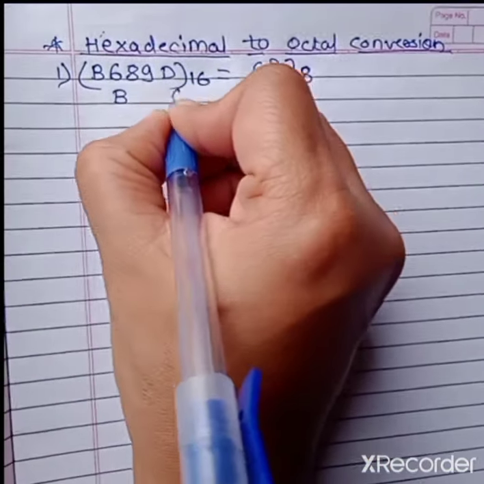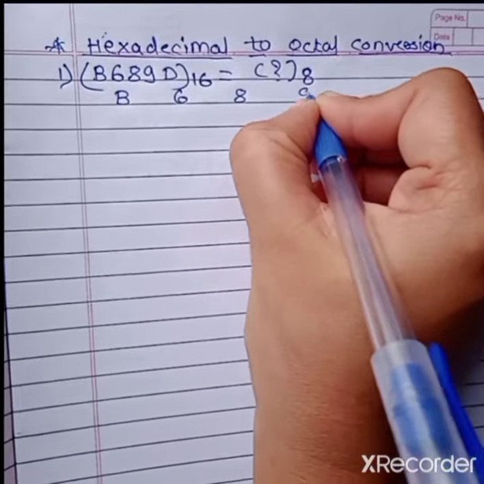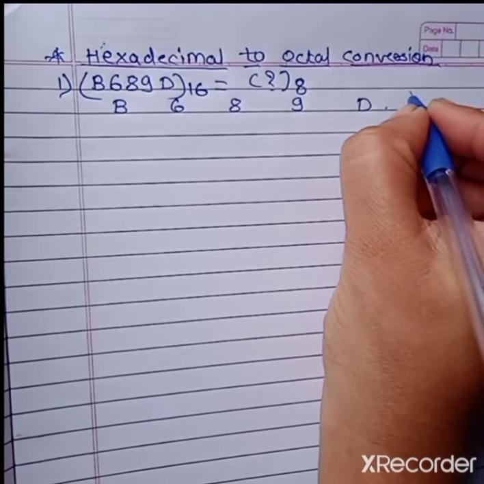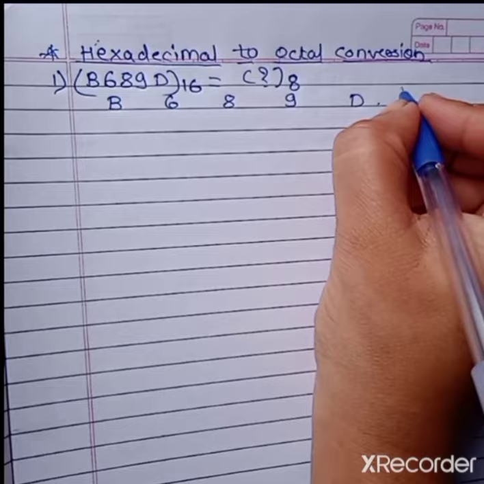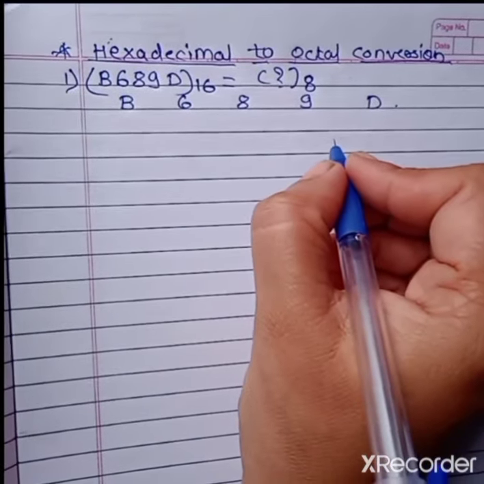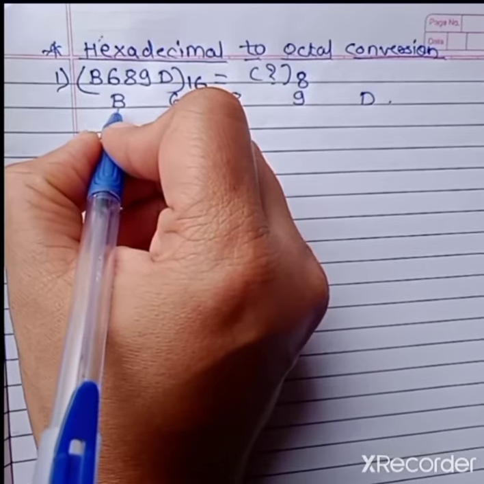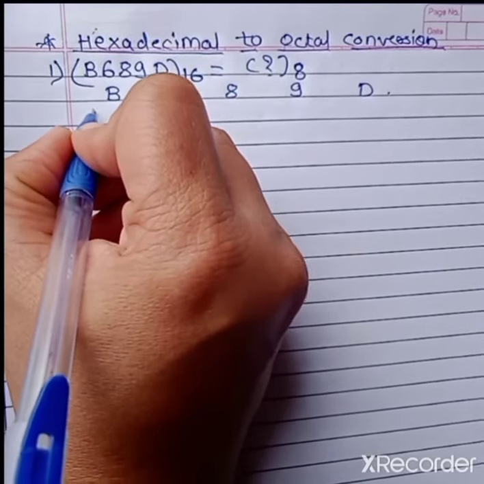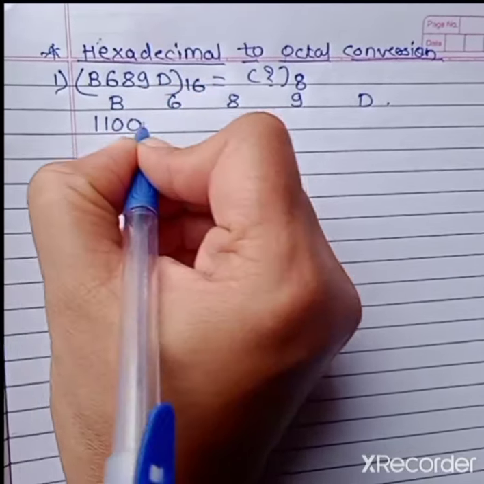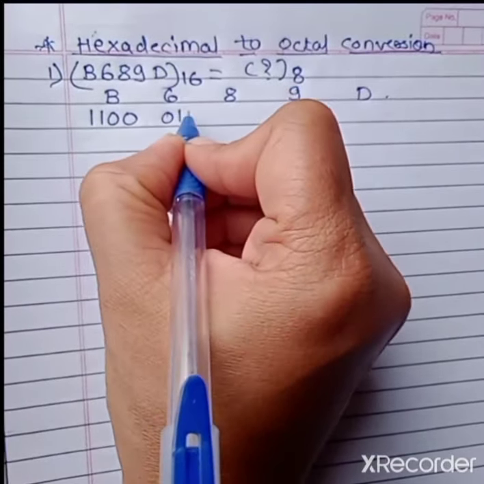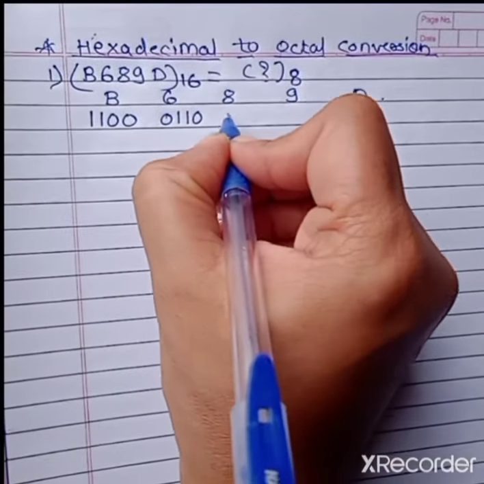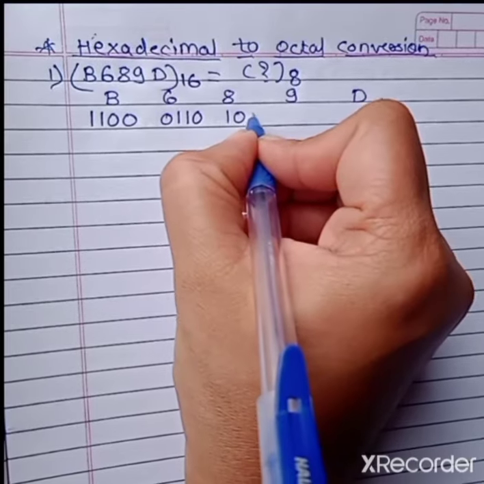So what is the procedure? First write each digit separately and represent each digit in 4-bit binary. The 4-bit binary for B, which means 12, is 1100. For 6 it is 0110. For 8 it is 1000.